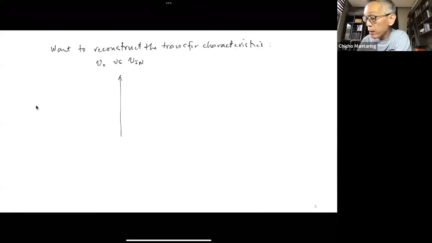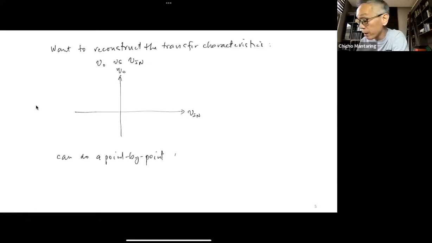So I want to plot V sub O versus V in. And we can do that by actually doing a point-by-point calculation. This is a very cumbersome way of doing it, but it's one way of doing it.